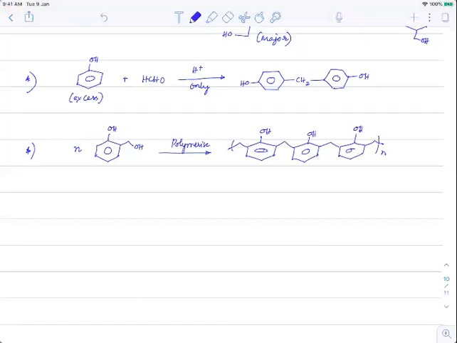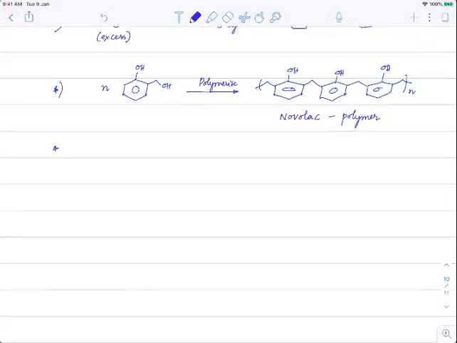So this many nth time it will keep moving, and this is the polymer known as novolac. Okay, this is how novolac is being made. Okay. So in short, give it as a note. Novolac is the linear polymer of phenol and HCHO.